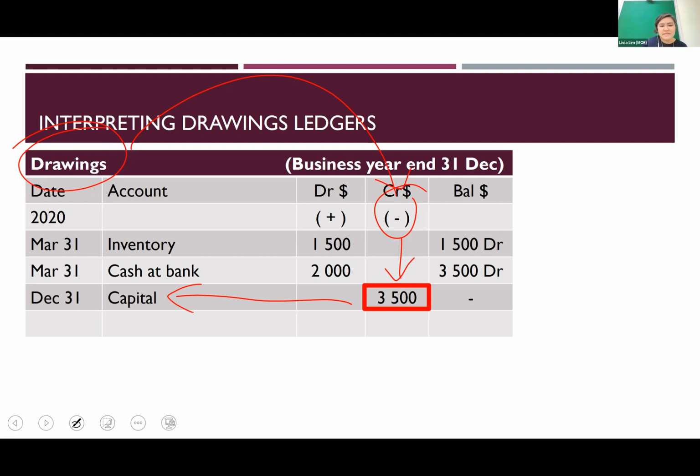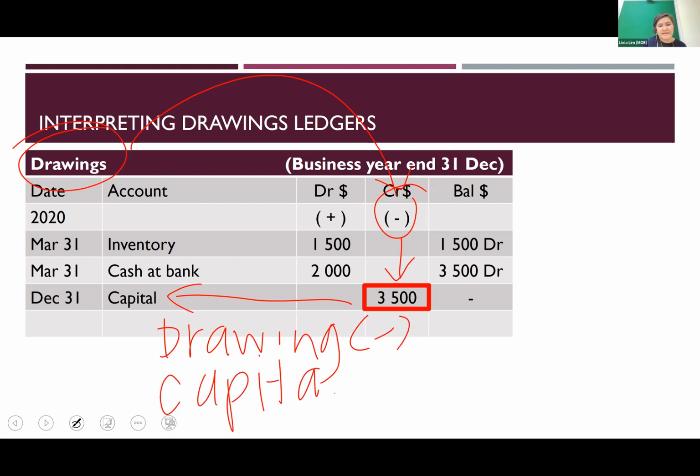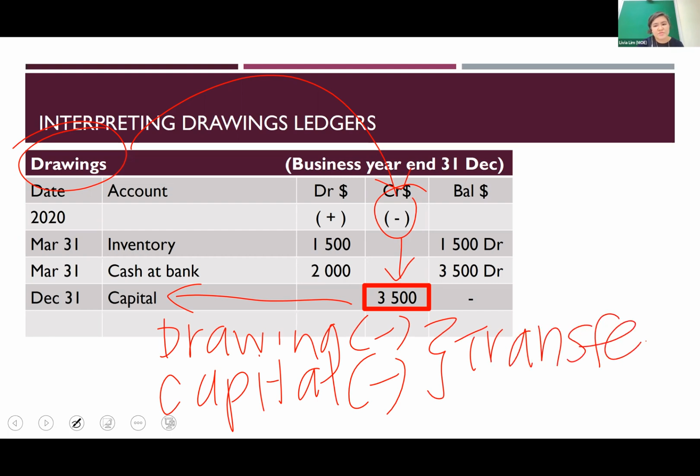All right, and this is a ledger for drawings minus, capital minus. And when you are doing this, drawings minus capital minus, what you are basically doing is that you are transferring it to capital, which is something that you have to do every end of the year for drawings.